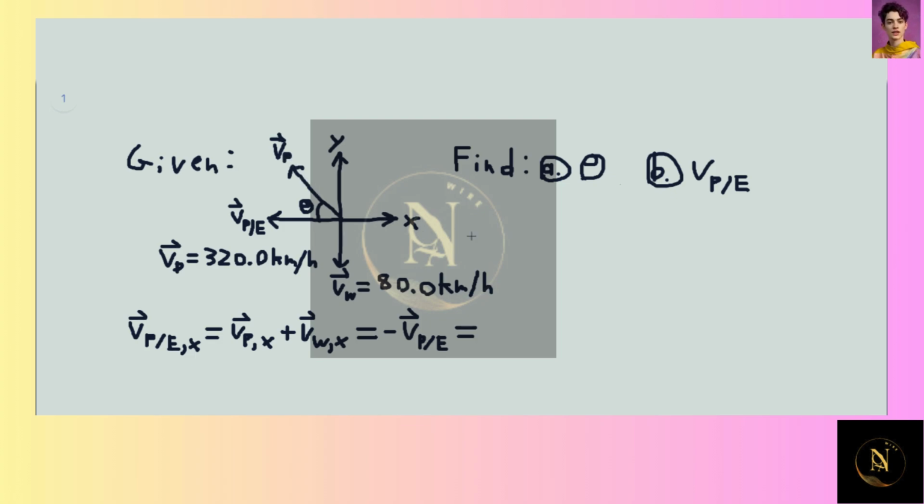Since we're looking at the x component of the velocity of the plane, the vp comma x, we're going to have a negative 320. And I'll just take out the units now, just so it's less writing. So I have negative 320 times cosine of theta.